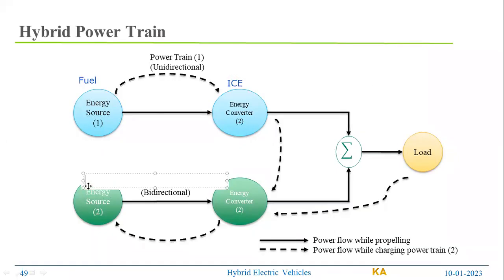And the second energy source is a battery, and the energy converter converts electrical energy into mechanical energy. So I will call it the electric motor drive. The drive includes all the power electronics as well.